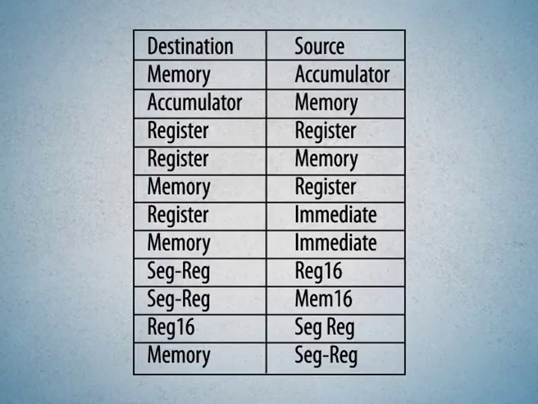The table below shows the valid source and destination operand variations. The important thing to note about the move instruction is that data cannot be transferred directly between two memory locations designated as source and destination.